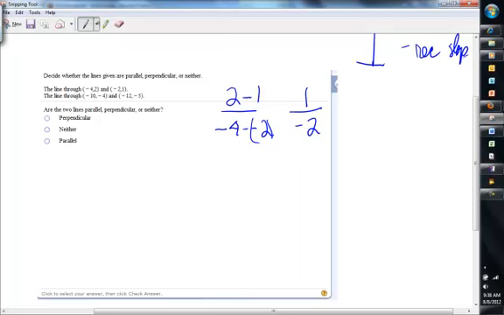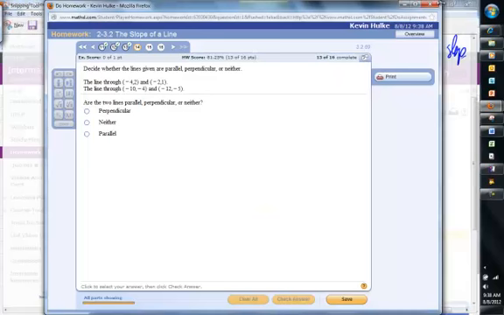Let's do the other point: negative 4 minus negative 5 over negative 10 minus negative 12. So negative 4 plus 5 is 1. Negative 10 plus 12 is 2. These are negative, but they aren't reciprocals of each other, and so we would say neither.